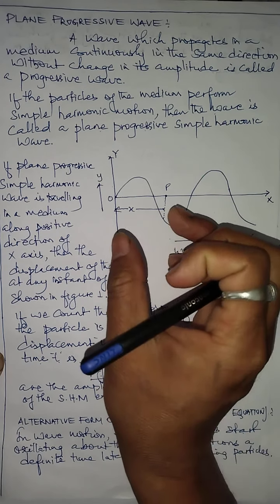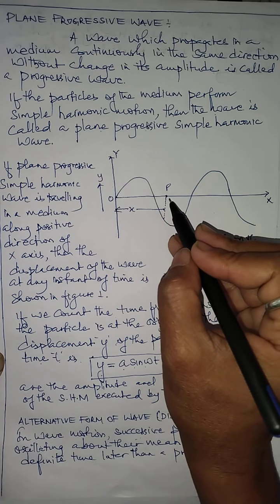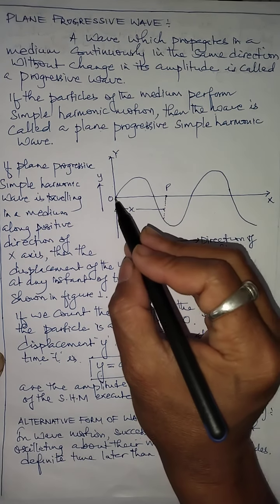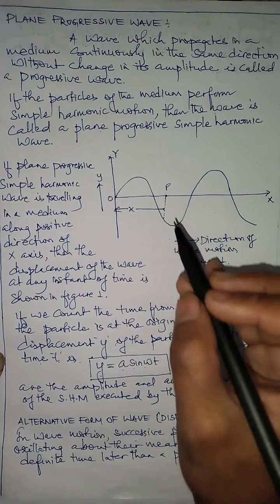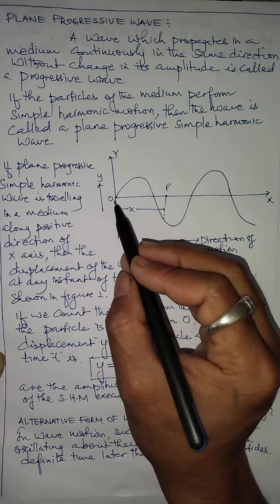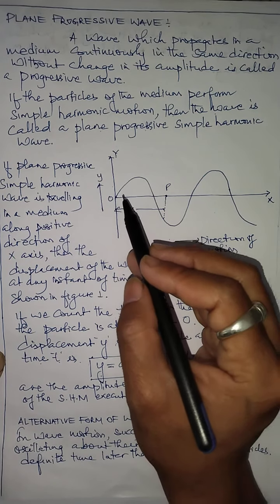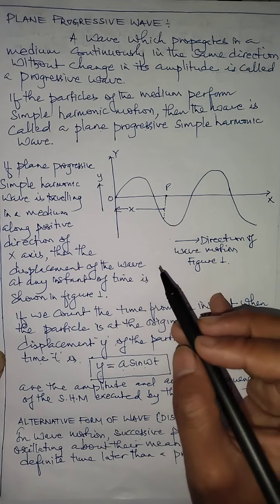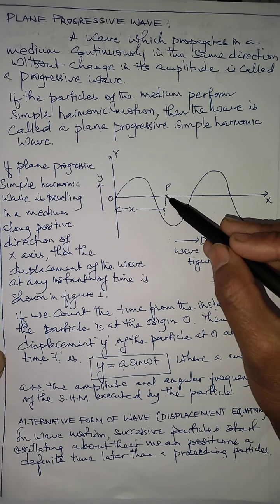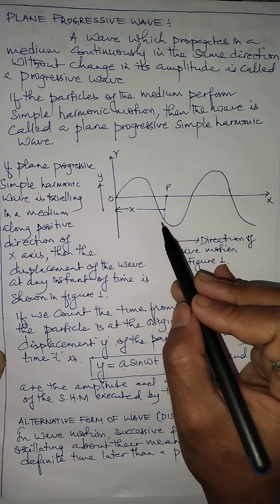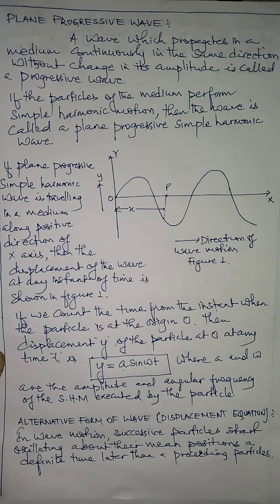But the particle, at a later time with respect to the particle at O, acquires a certain phase lag from the particle at O, meaning the particle from the origin. So under this case, the displacement of the particle P at any instant of time is also written in a similar manner.